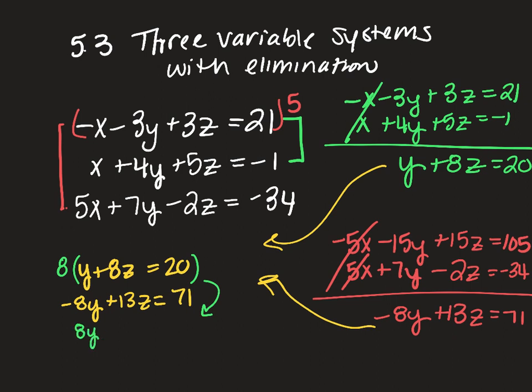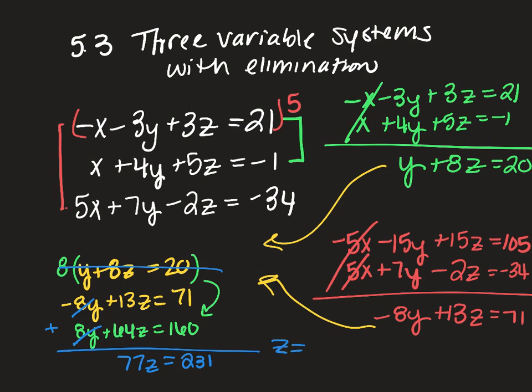So I get 8y plus 64z equals 160. The y's cancel. I got 13 plus 64, giving me 77z equals 231. And we're going to hope that divides by 77, and it does. So 231 divided by 77 gives me z equal to 3.